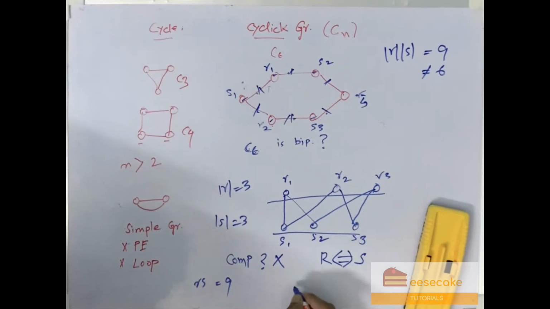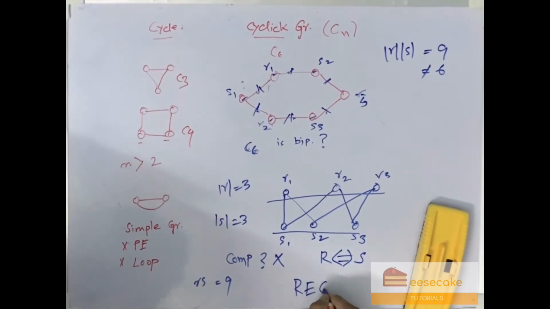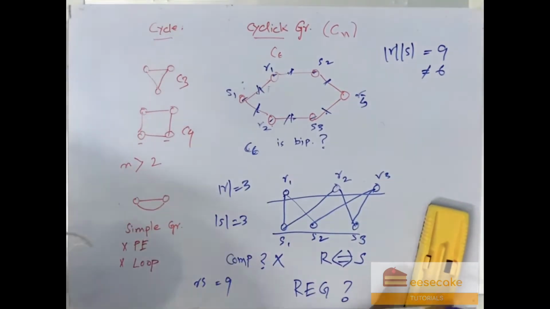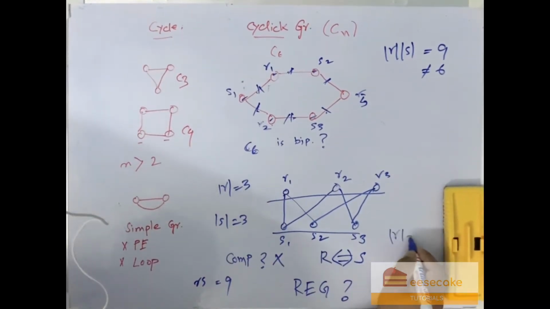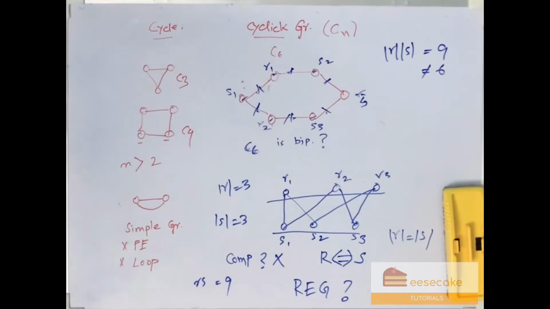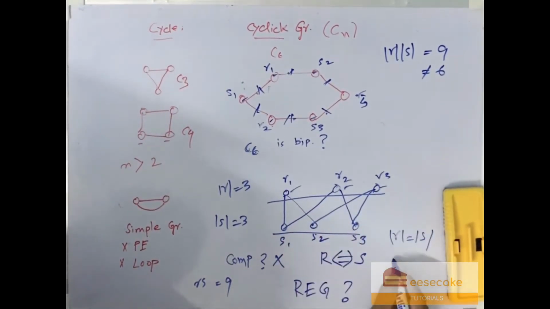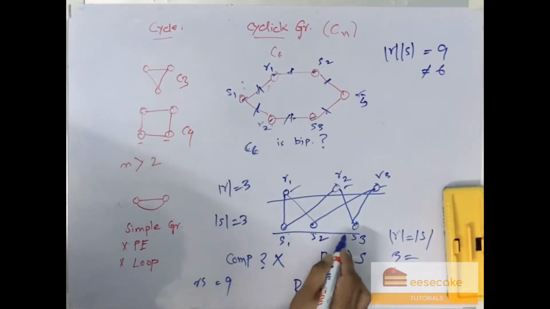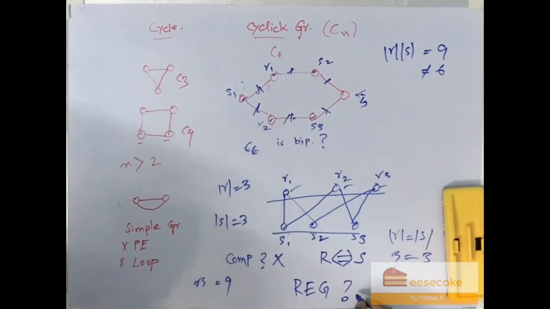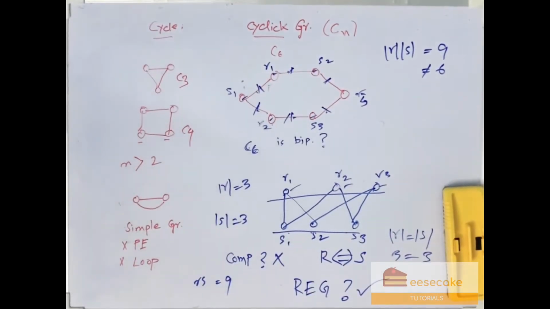Now whether it is a regular bipartite graph or not. What is the definition of a regular bipartite graph? The cardinality of R has to be equal to the cardinality of S. Well, in this case, yes, there are 1, 2, 3 in R and 1, 2, 3 in S. So that means this is a regular bipartite graph.